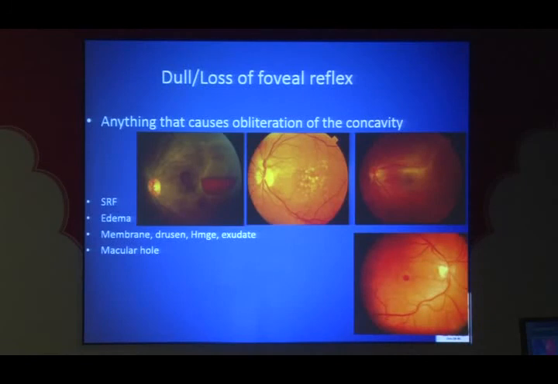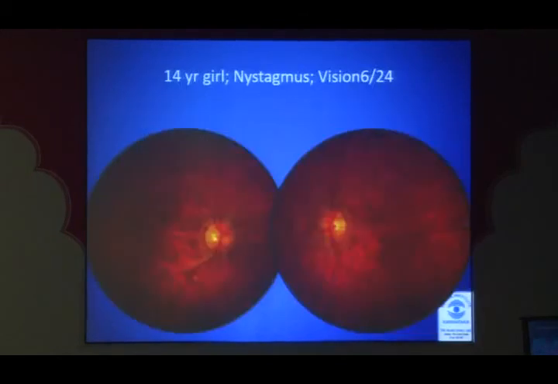Now that is when you really begin to wonder what is happening to this eye. It's easy to diagnose the conditions here because there are other signs like the ERM here or the pre-retinal hemorrhage, retinal hemorrhages. So there you are concentrating on the disease as such. But in some of the examples I show you, the blurred foveal reflex is perhaps the only thing that attracts your attention.